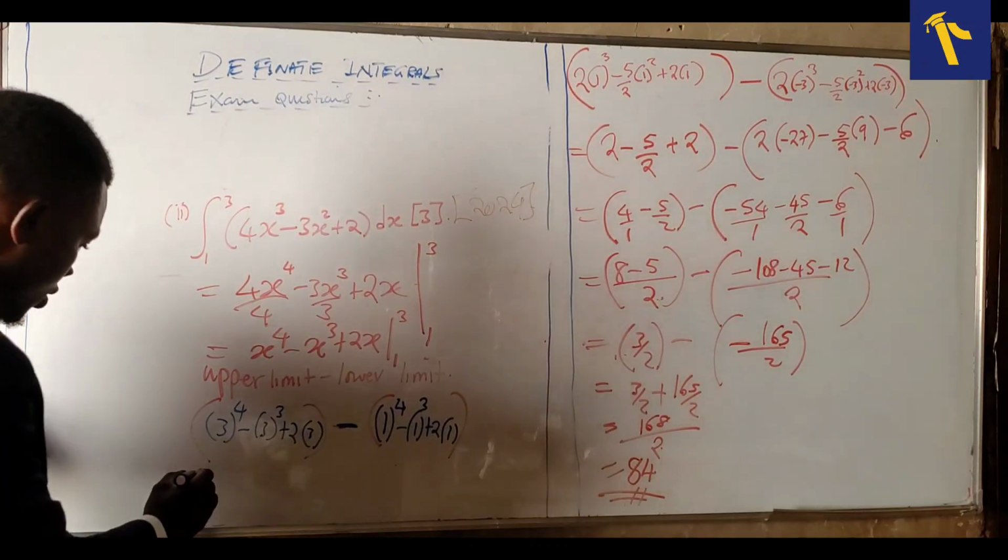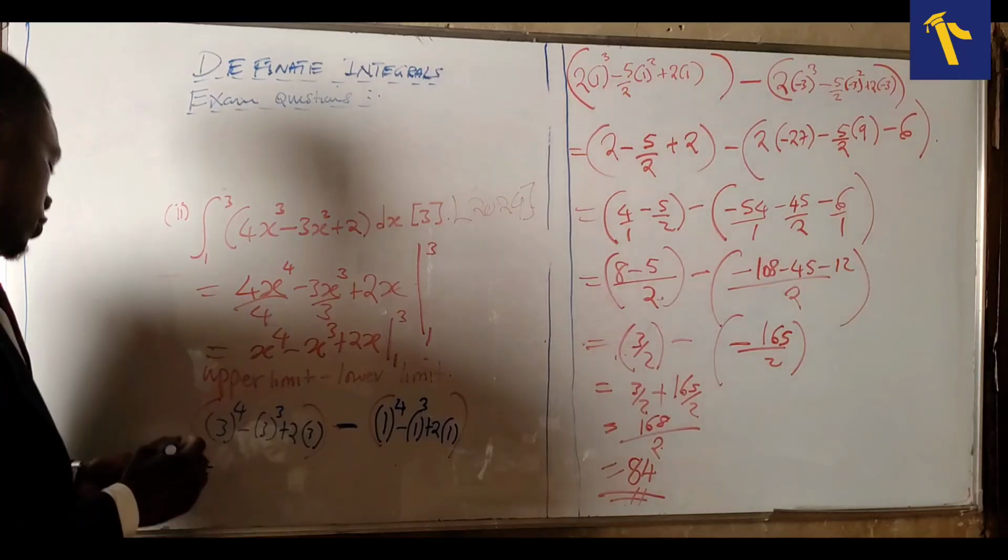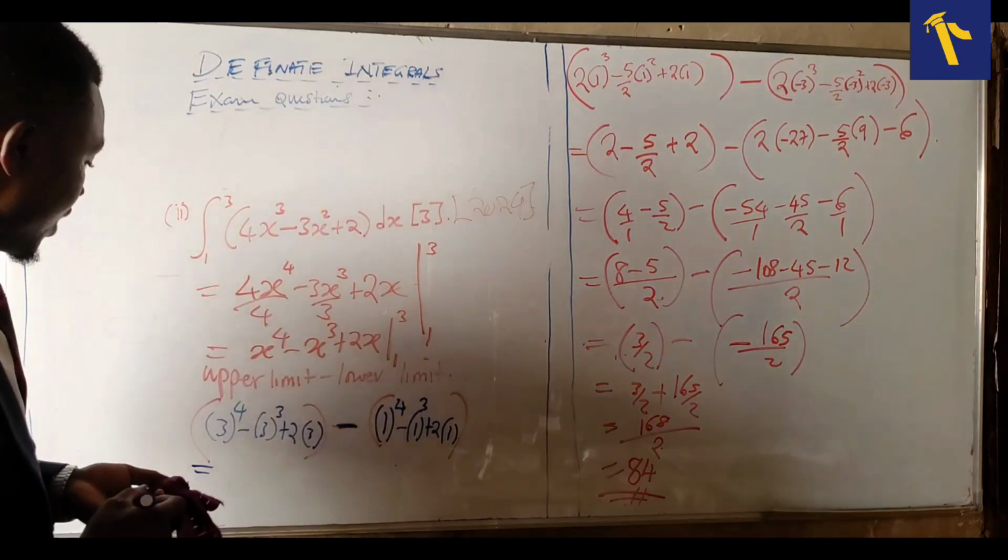Let's go. So what are we going to do? To get 3 raised to the power 4 is as good as multiplying 3 four times.